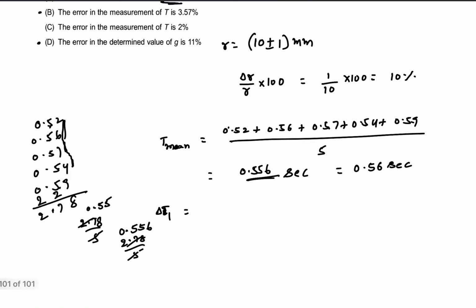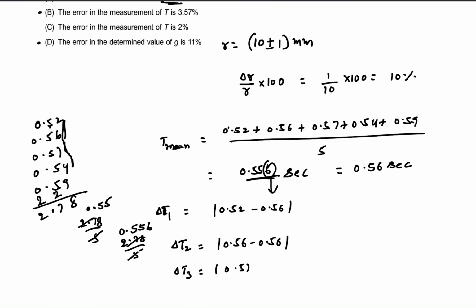Actually you can write 0.556, but we don't want this many places, we want only 2 places. That's why I'm getting 0.56 second as my value. Why? Because the dropping digit is 6.